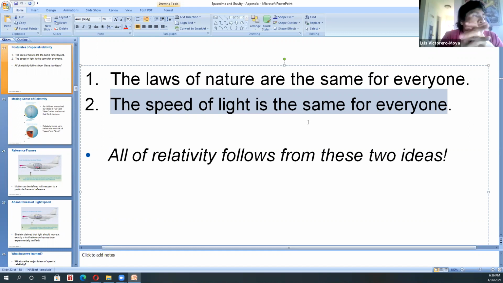Before talking about special relativity, with Newton, we had the Galilean transformation. So for example, if you are outside and you see a train, the train is moving at 20 kilometers per hour, and there is a person that is static.